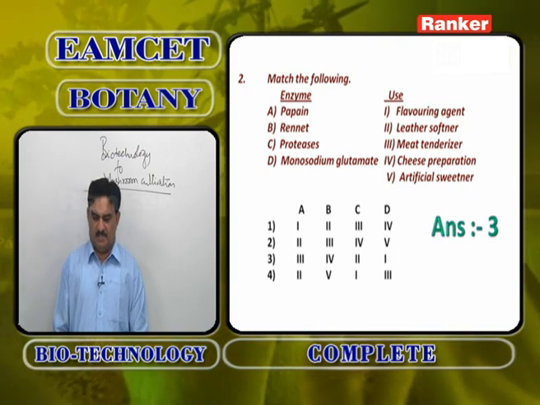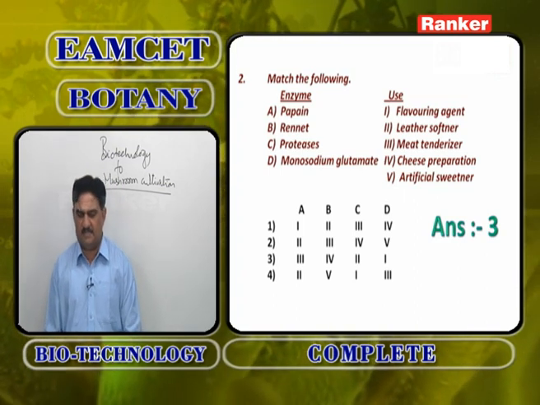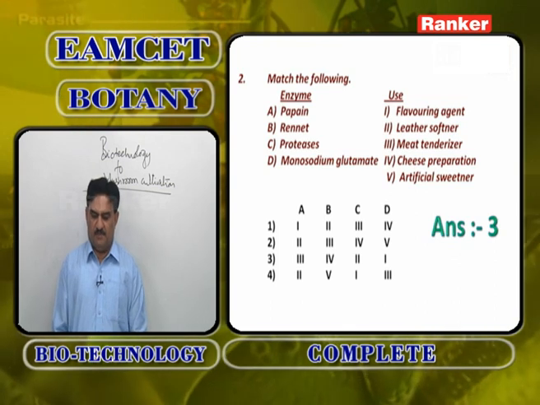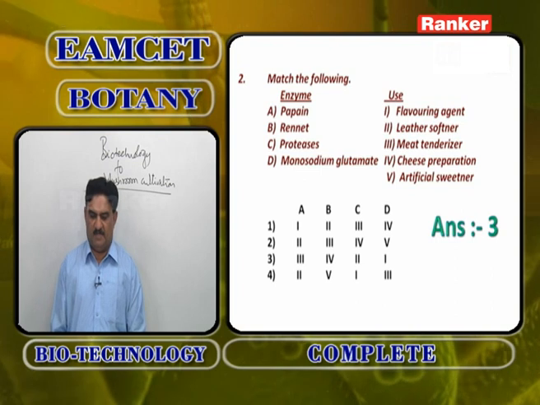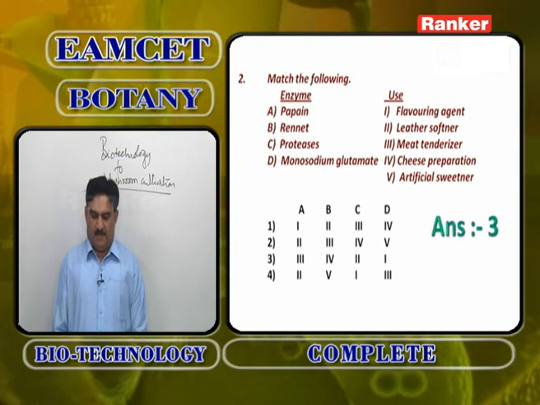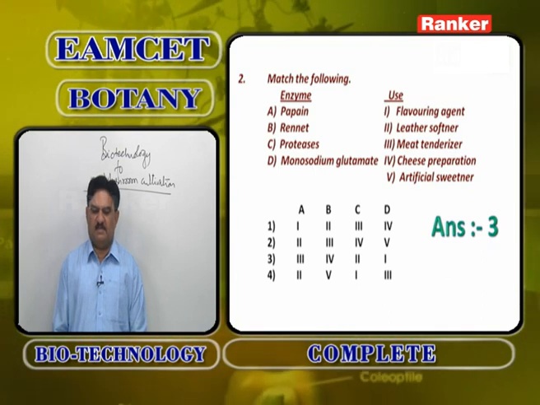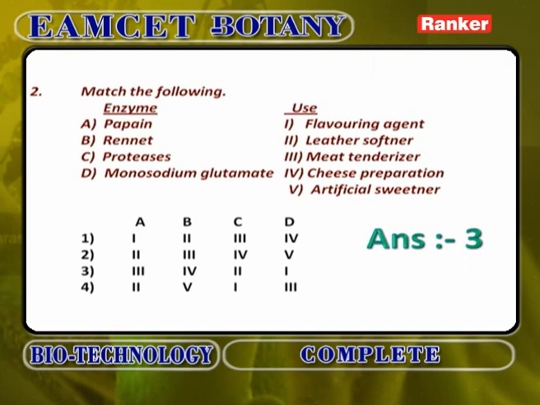In the cheese production, rennet is widely used. Proteases are popularly used as leather softeners. Monosodium glutamate is a flavoring agent. So, papain, meat tenderizer, rennet, cheese preparation, proteases, leather softener, and monosodium glutamate, flavoring agent.